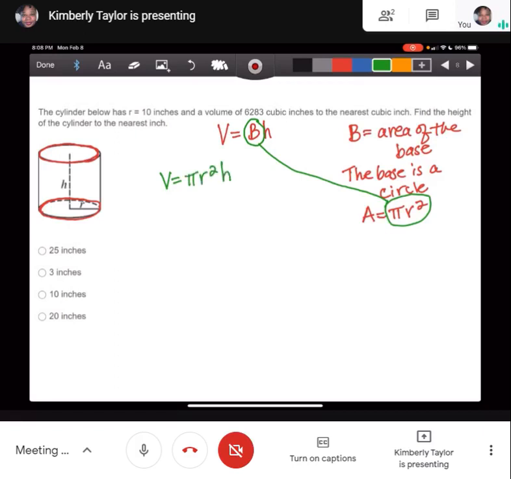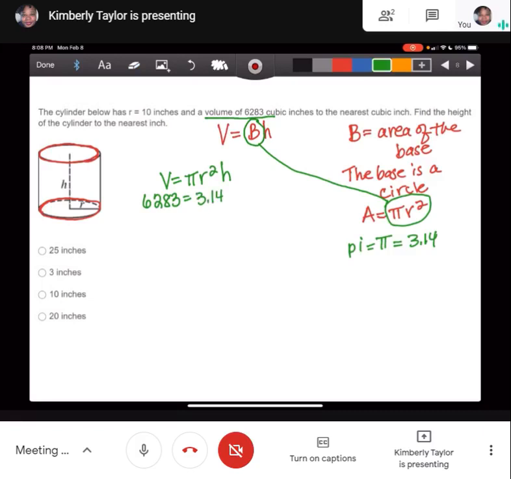The information they gave us is that the volume is 6,283. So I'm going to write that down. 6,283. And then the value of pi is 3.14.